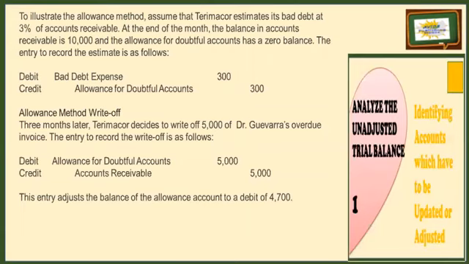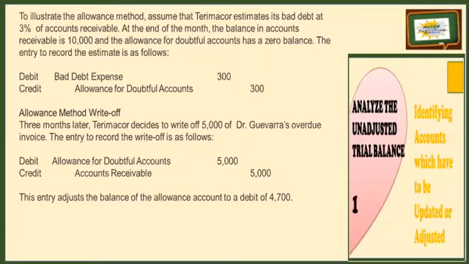To illustrate the allowance method, assume that Terimacor estimates its bad debt at 3% of accounts receivable. At the end of the month, the balance in accounts receivable is 10,000, and the allowance for doubtful accounts has a zero balance. The entry to record the estimate is as follows.